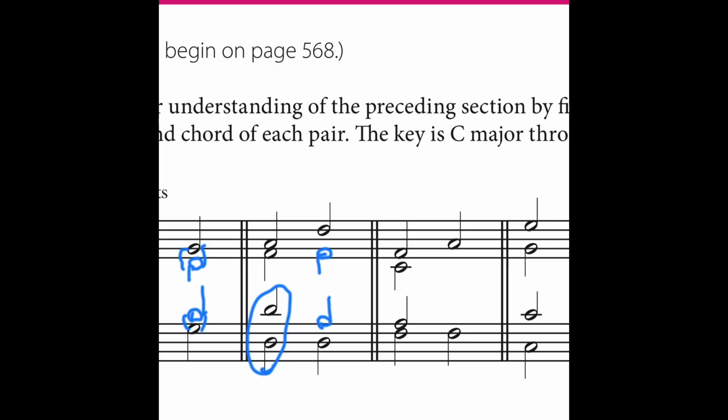D to A. D, C, B, A. That goes down to a 4. Yeah, I'm counting down from D. D, C, B, A. That's a 4 right on its own. And A to D is a 5th. That's fine.